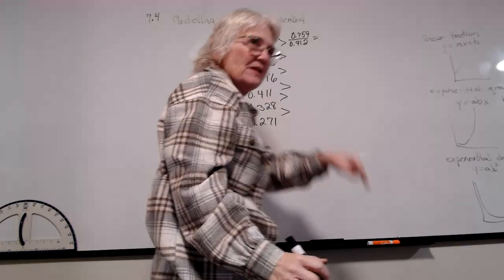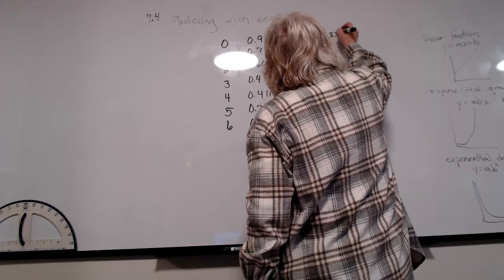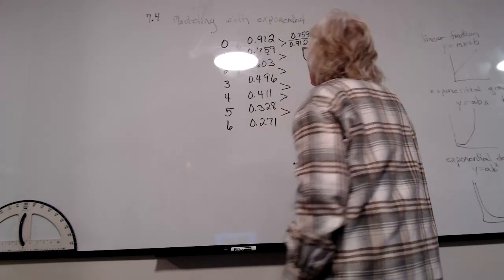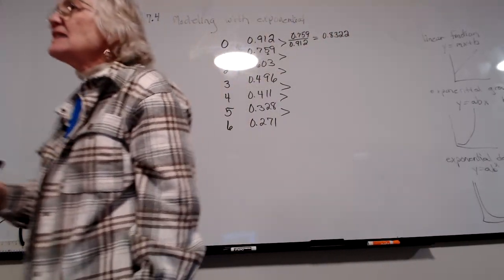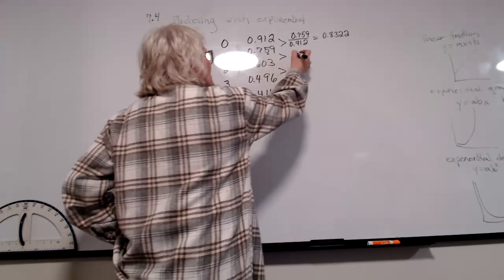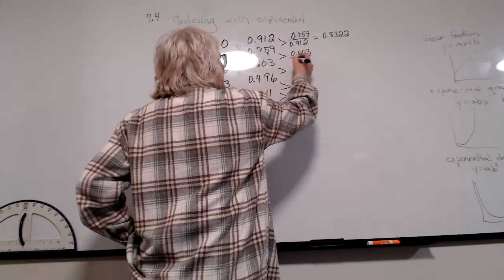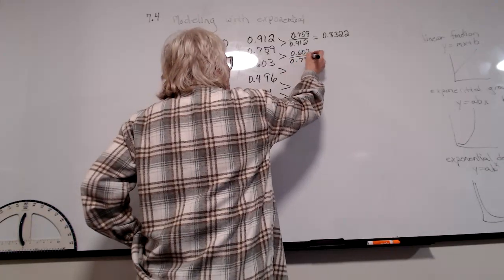Somebody have their calculator out so they can do that? 0.8322. Yeah, okay. So the next one is 0.603 to 0.759.